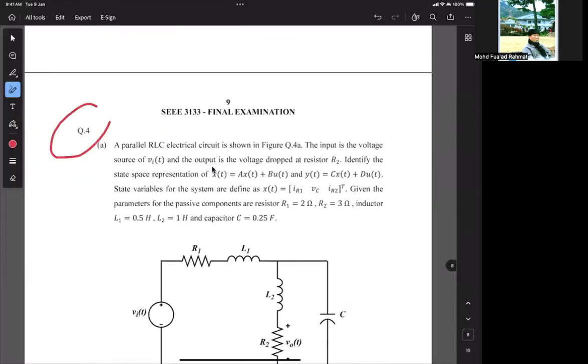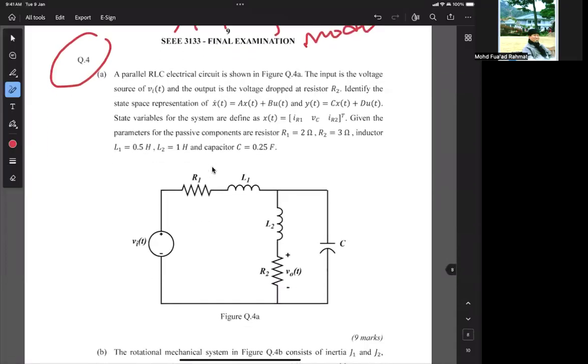So now we move to question number 4, which is this one. This one is under state space modeling. Okay. As usual, we have two loops of RLC equations. The input voltage is VI, and the output voltage is R2.